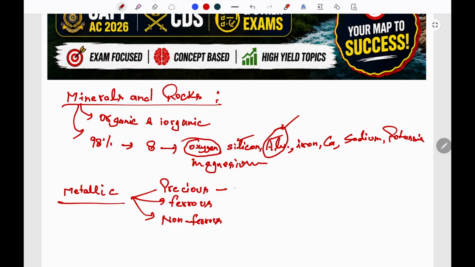Precious are like gold, silver, platinum, etc. And ferrous are the metals which contain iron. Non-ferrous, these are the metals that do not include iron. Examples are copper, lead, zinc, tin, aluminum. And non-metallic, which are non-metals basically. Example is sulfur, phosphate, nitrates, and cement is also example of this.